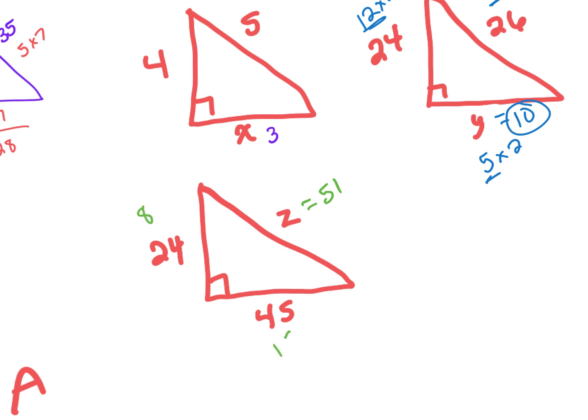This is an 8, 15, 17. 8 times 3 is 24. 15 times 3 gives us 45. 17 times 3 is equal to 51. Everybody always gets tricked up on that one because everybody thinks 51 is a prime number, but it's not, because 17 times 3 is 51.